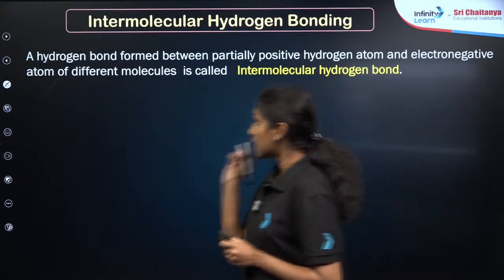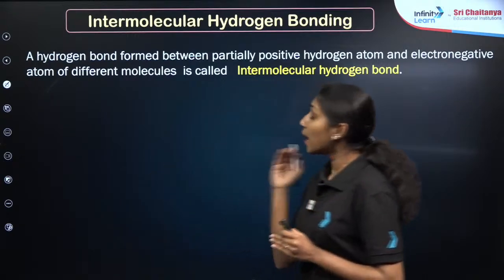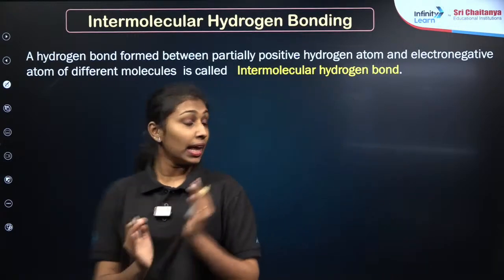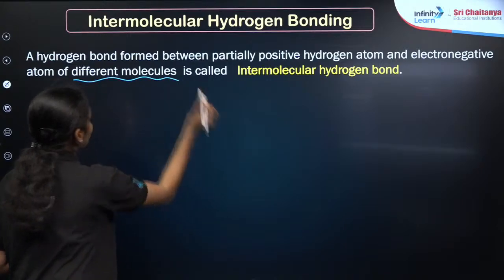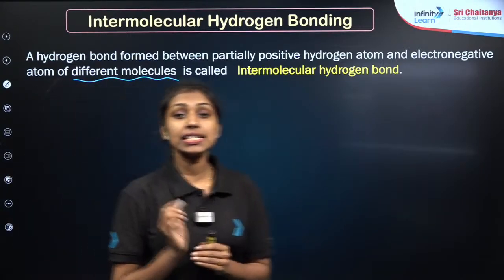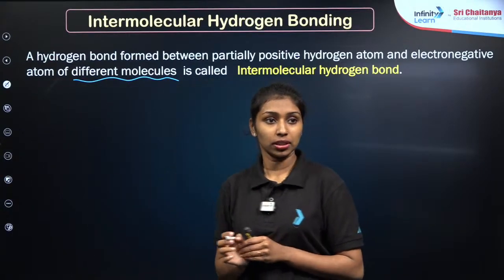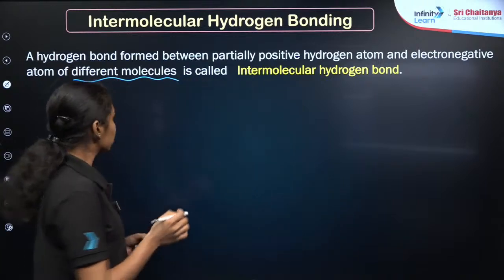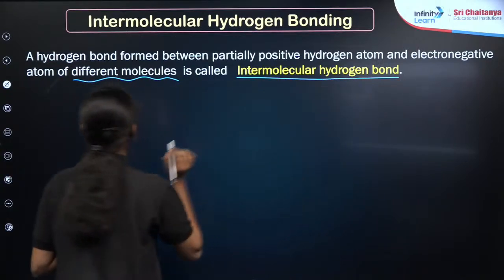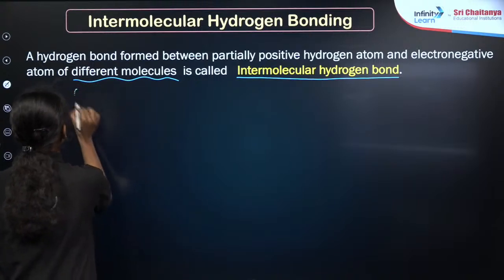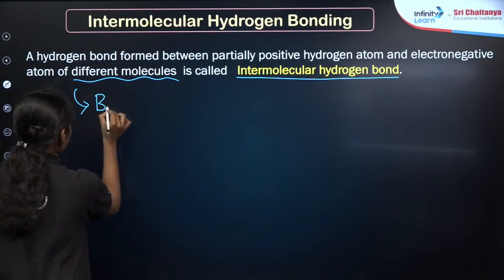So, a hydrogen bond that is formed between a partially positive hydrogen atom and an electronegative atom of different molecules is known as the intermolecular hydrogen bonding. So we can say that this bond is existing between the molecules.